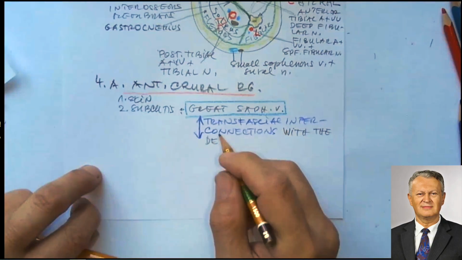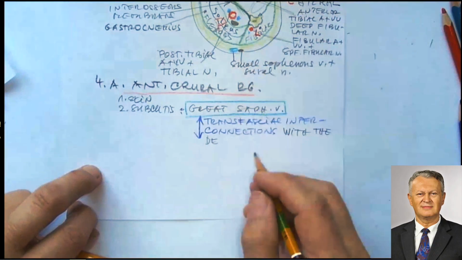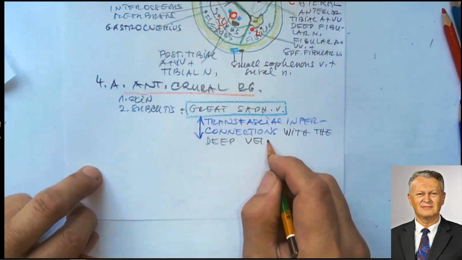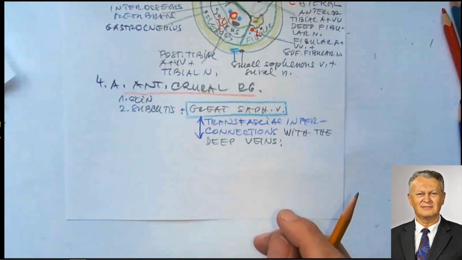The deep veins are the anterior tibial, dorsally the posterior tibial, also the small saphenous with the deep veins. These interconnections are valveless.